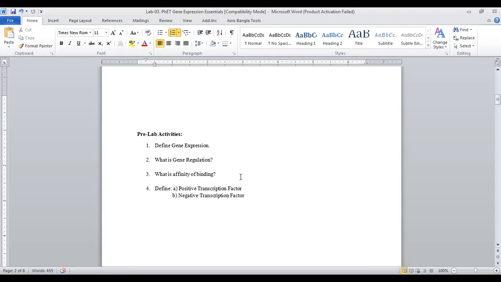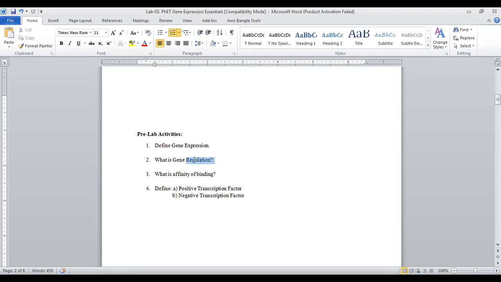All right, now gene regulation. Gene regulation means regulating the expression of a gene. It means controlling which gene will be expressed now and which gene will not be expressed, depending on the situation in the cell.